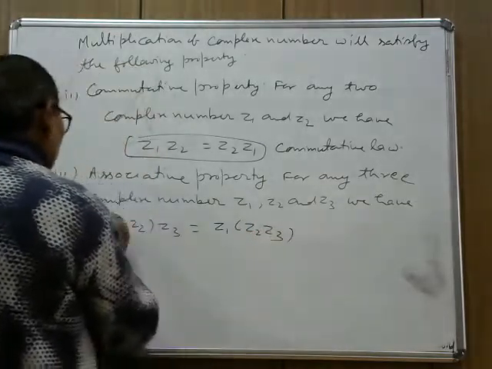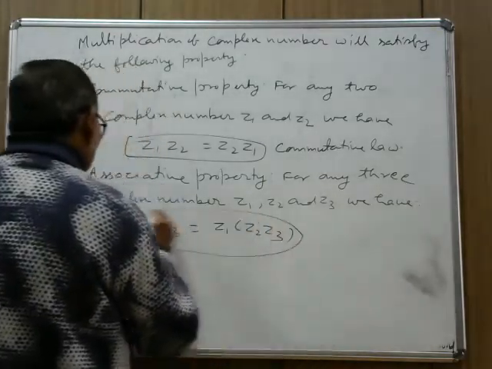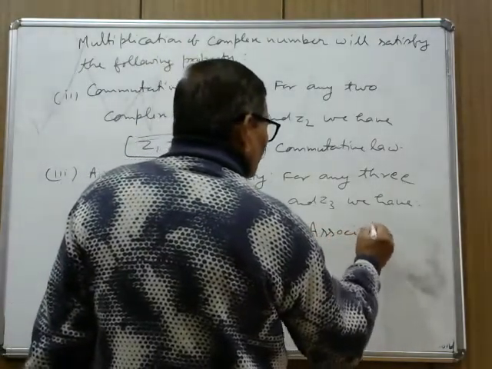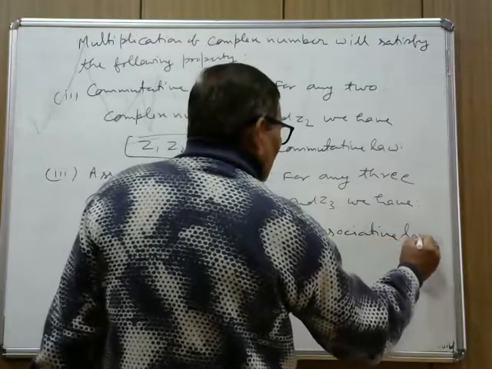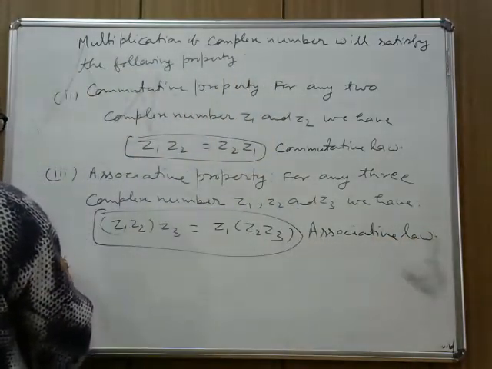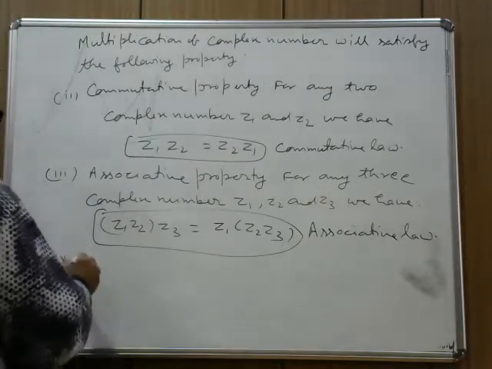This is called the associative law. Now, fourth, existence of multiplicative identity.